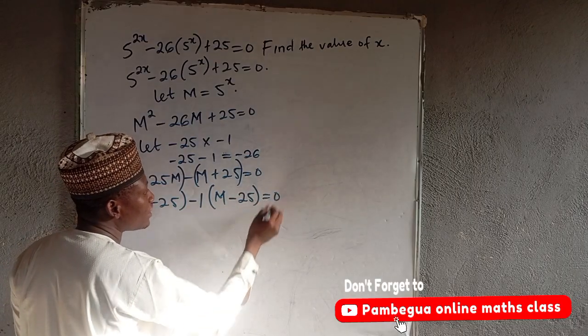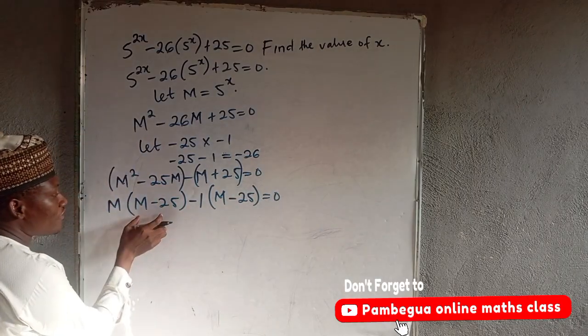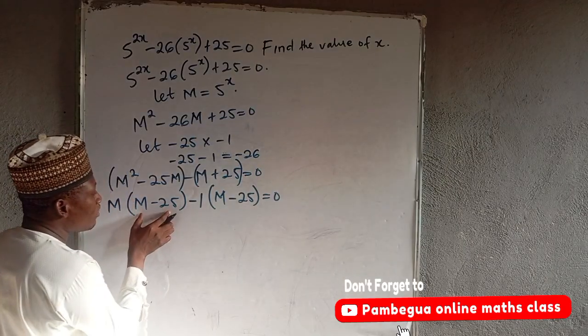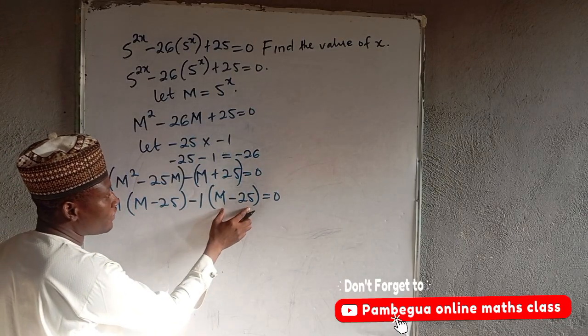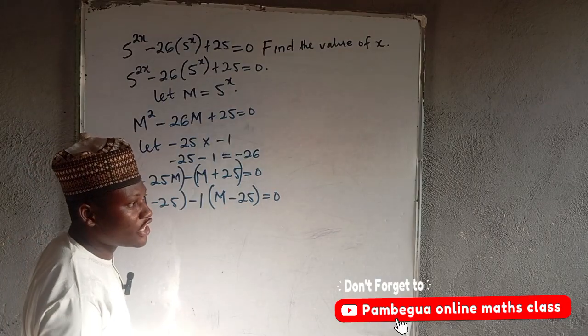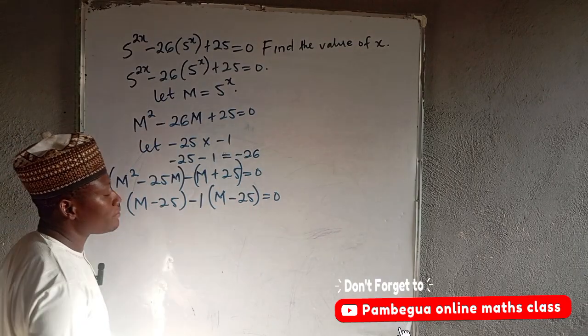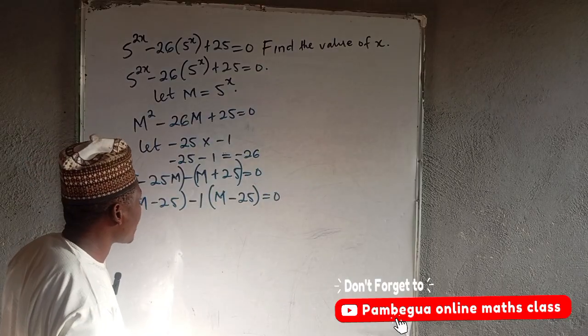This is very important: whenever you factorize a quadratic equation and what you have in the brackets are different, it means what you did is wrong. If I have the same thing in the brackets, it means what I am doing is right.